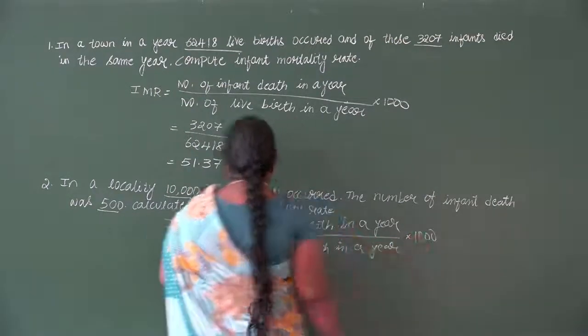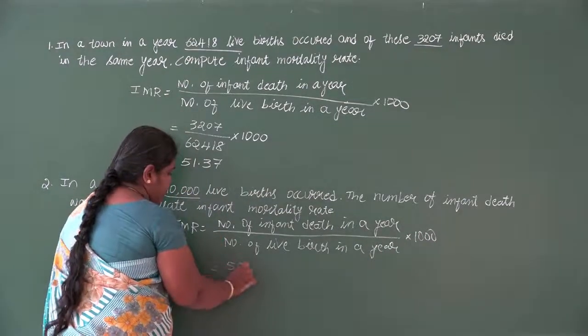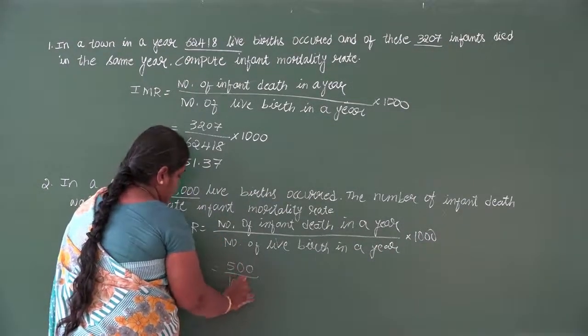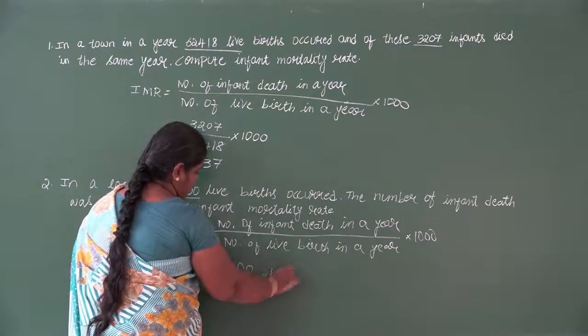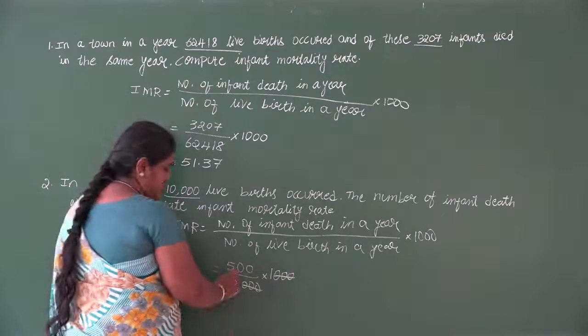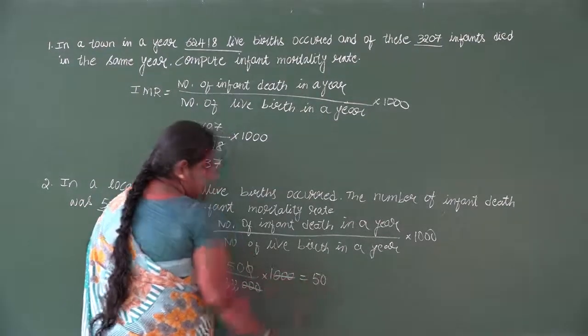Substitute the values: infant death is 500 and live birth is 10,000 into 1,000. You can cancel the 0 terms. You will be remaining with only 50. So the answer is 50.